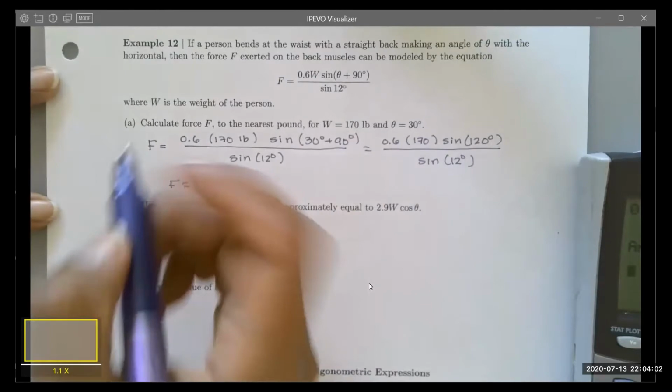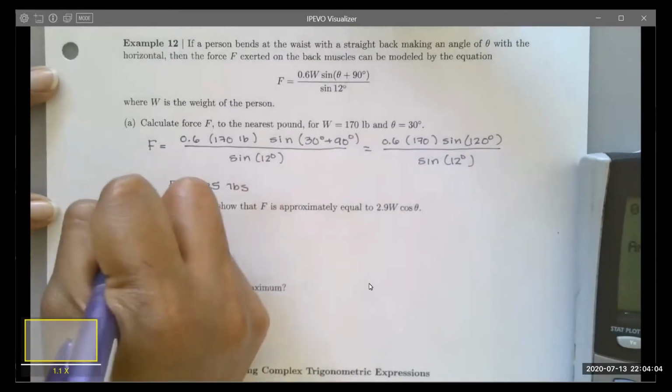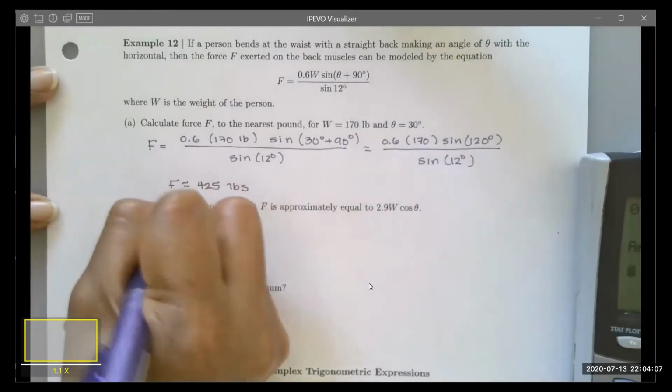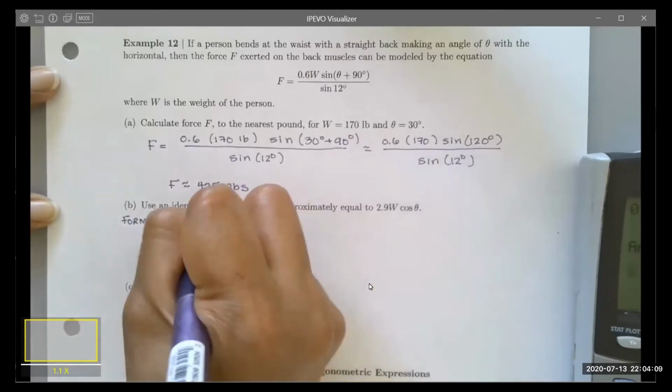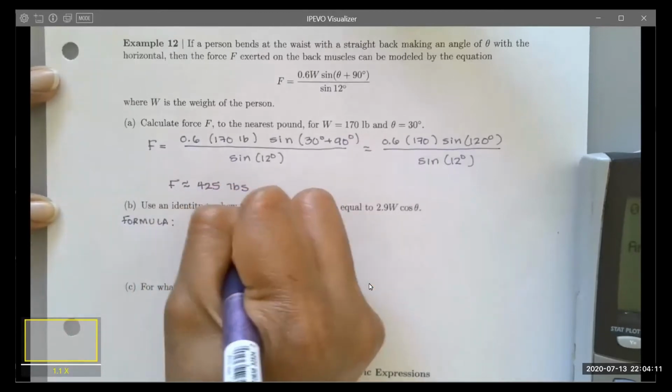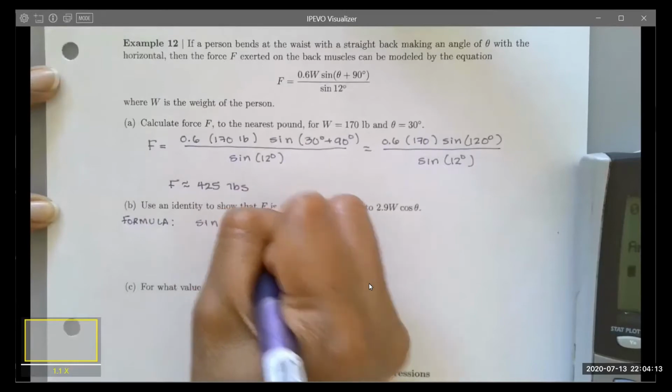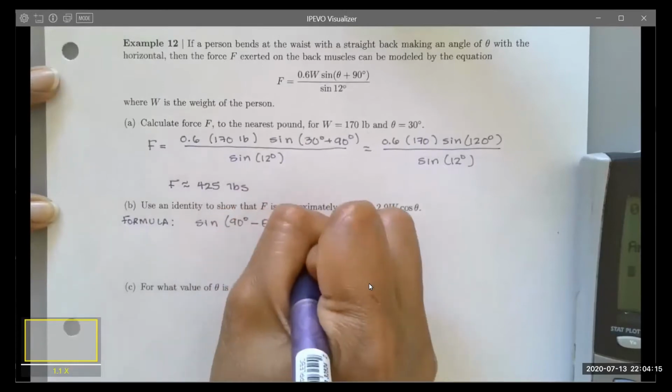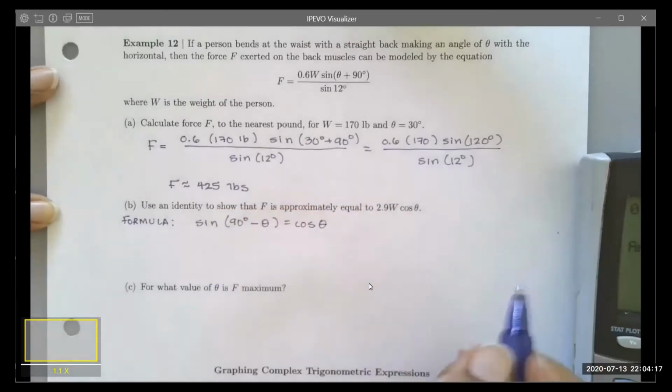Let me just write down the formula first of all. We have a co-function formula that says sine of 90 degrees minus theta is equal to cosine of theta.